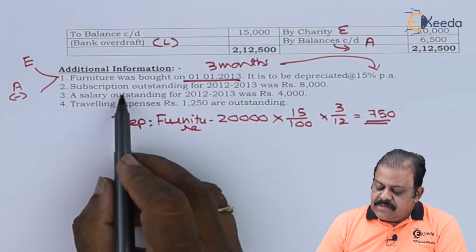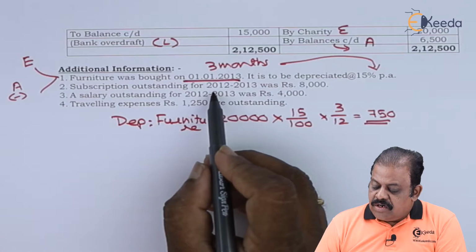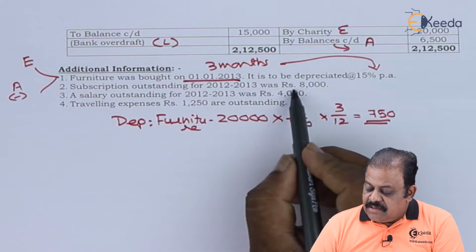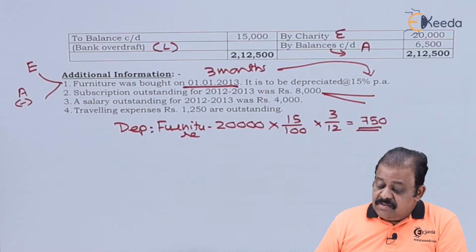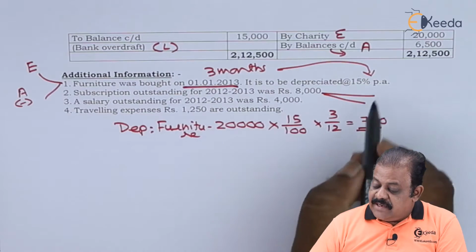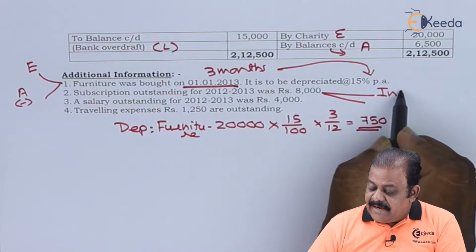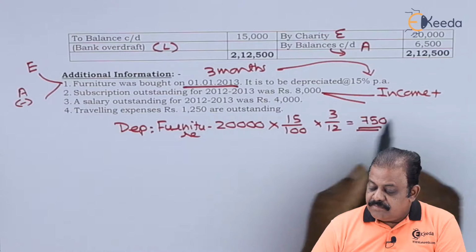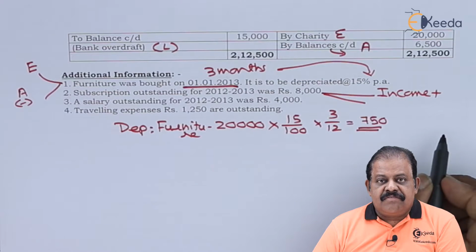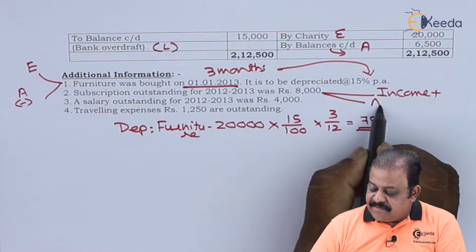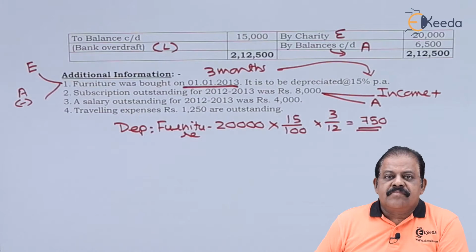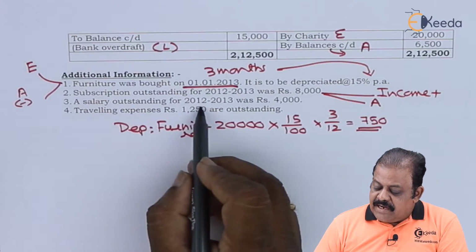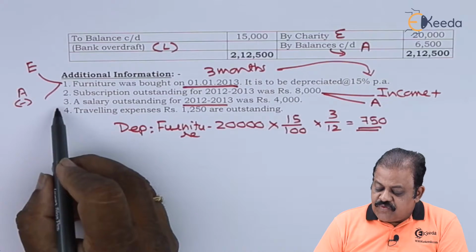Second adjustment, subscription outstanding for year 2012-13 rupees 8,000. This is current year subscription outstanding. It should be added to income. Second effect, balance sheet asset. Salary outstanding for 2012-13 rupees 4,000.